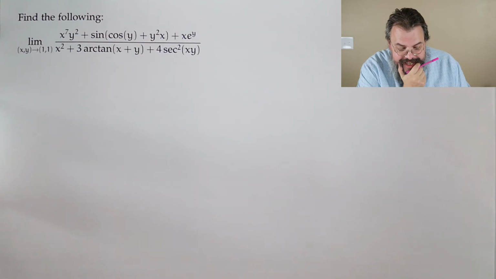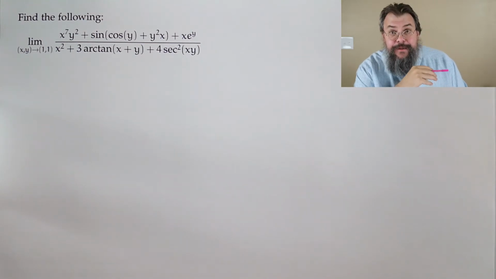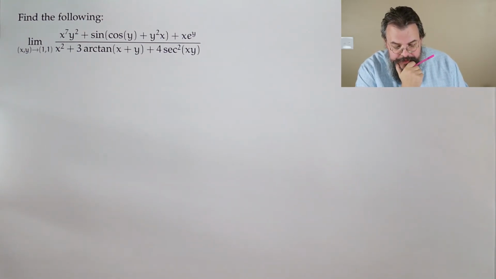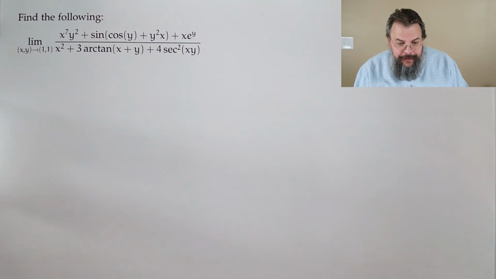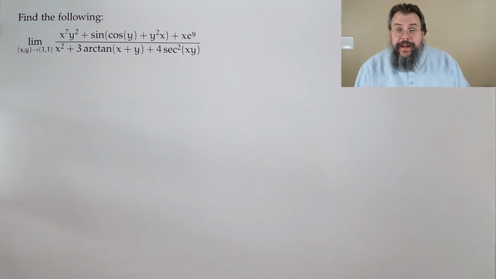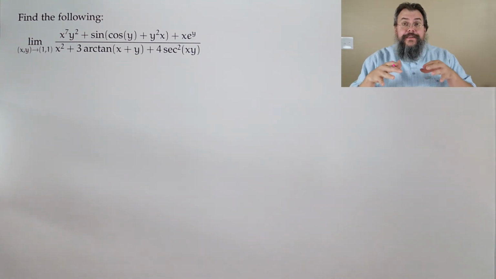X squared plus 3 arctangent x plus y. Now, I love an arctangent problem, but my goodness. 4 secant squared of xy. Wow. What a problem. And at this point, you might be getting a little bit nervous, like, what have I gotten ourselves into?